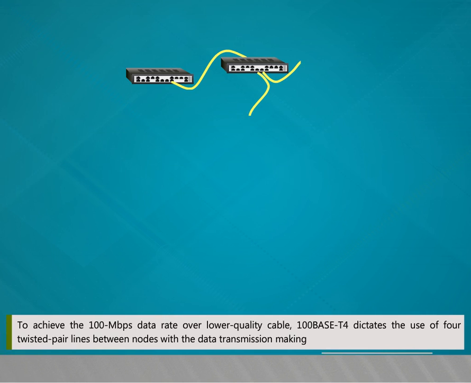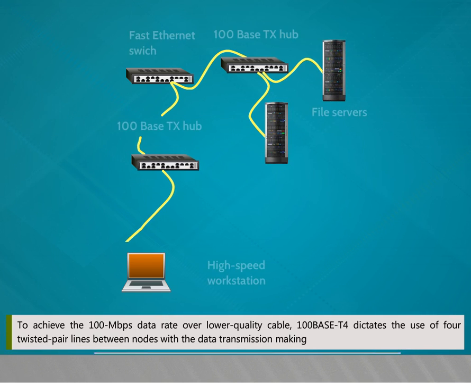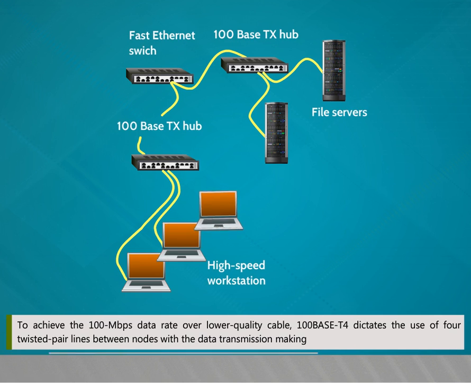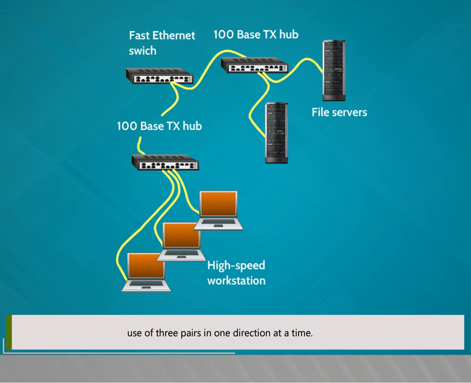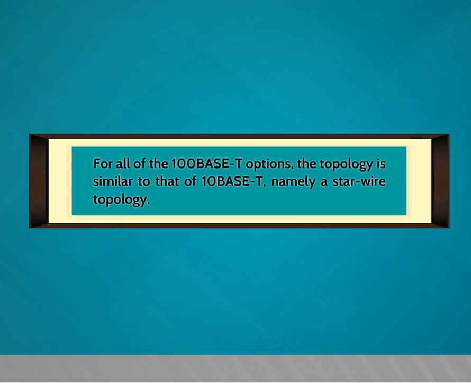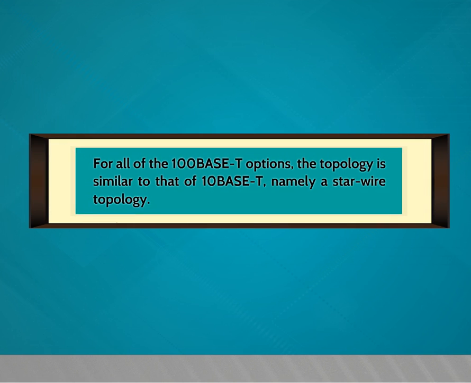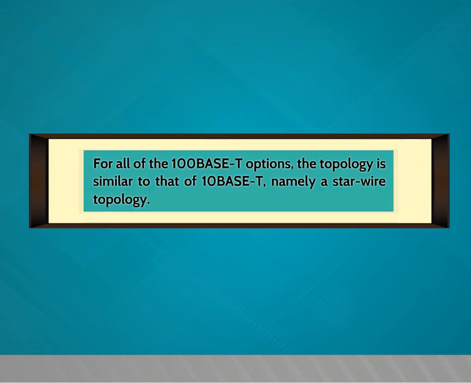To achieve the 100 Mbps data rate over lower quality cable, 100BASE-T4 dictates the use of 4 twisted pair lines between nodes, with the data transmission making use of 3 pairs in one direction at a time. For all of the 100BASE-T options, the topology is similar to that of 10BASE-T, namely a star-wire topology.